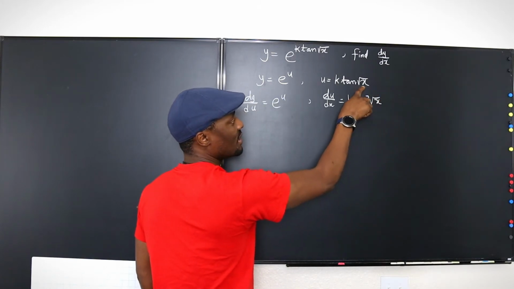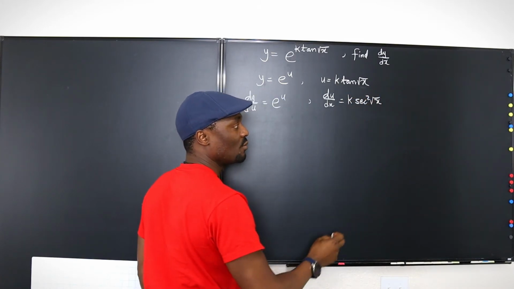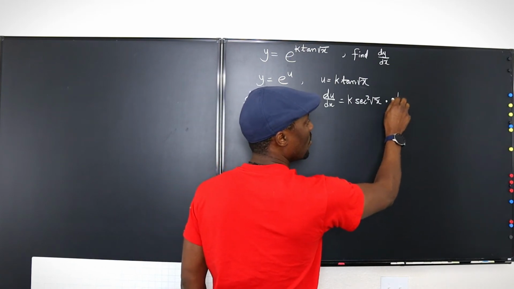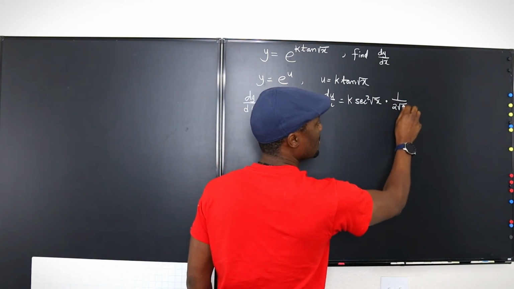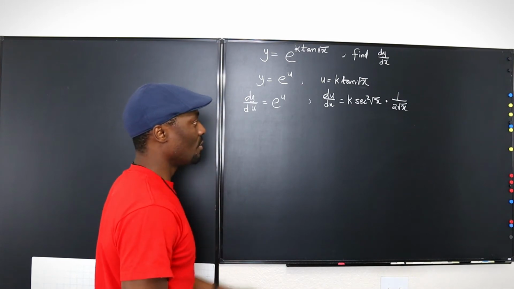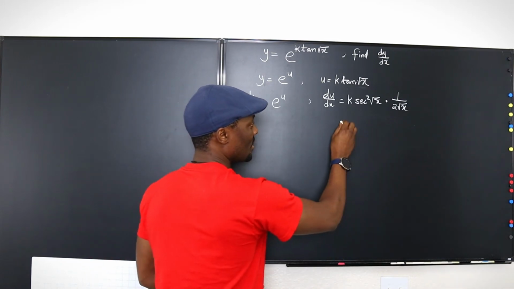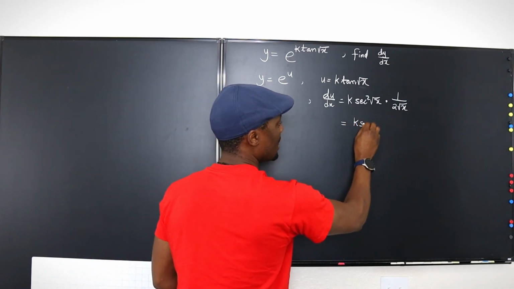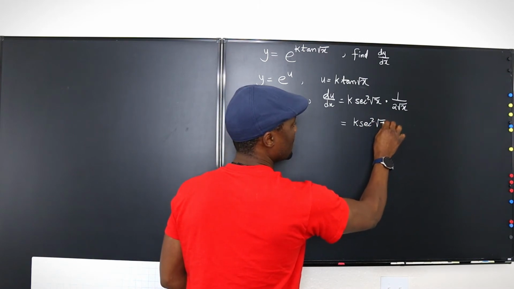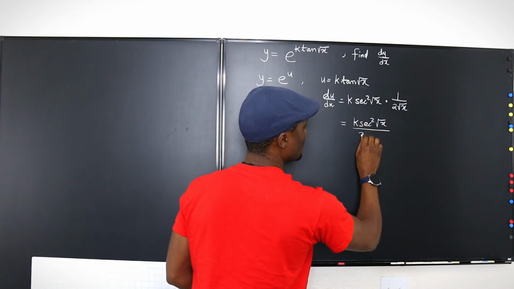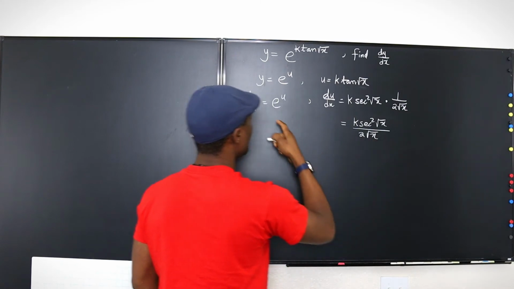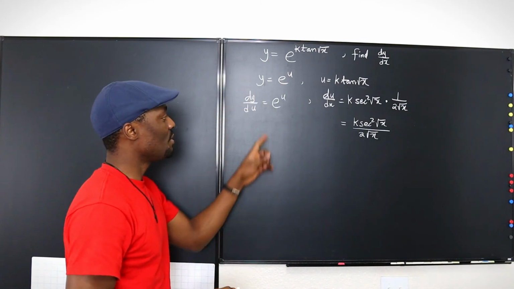But we need to differentiate this because now we have to apply chain rule, and this is going to be 1 over 2 square root of x. So if we simplify this, this is going to be k secant squared square root of x over 2 square root of x. And we have our dy du to be e to the u.